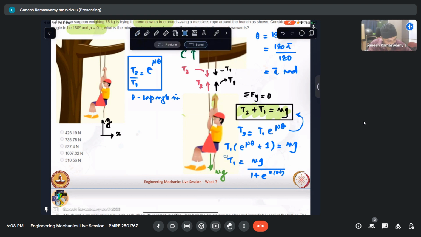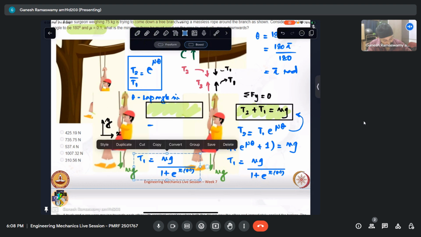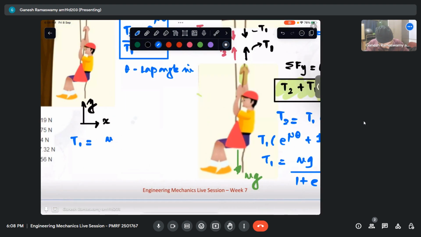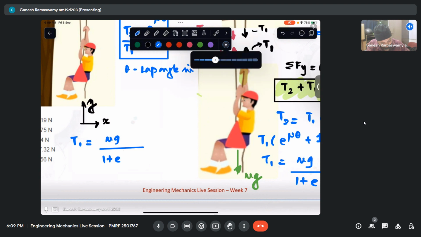So T1 is given by mg upon 1 plus e power 0.1 pi. So can we substitute and find this out? It can be done easily.